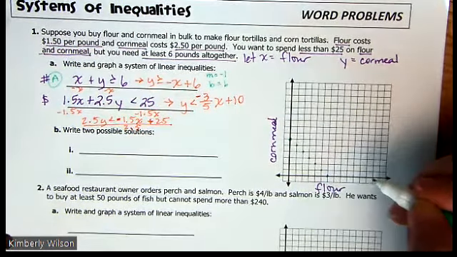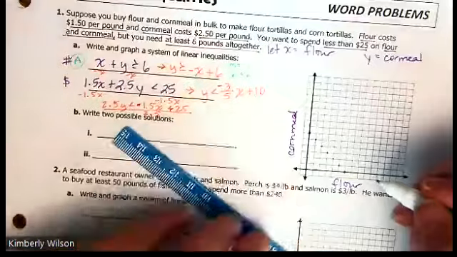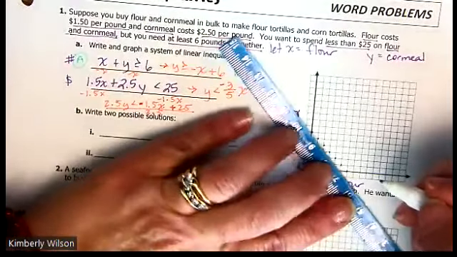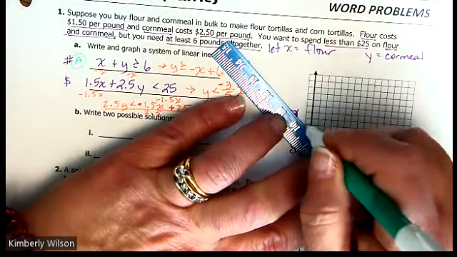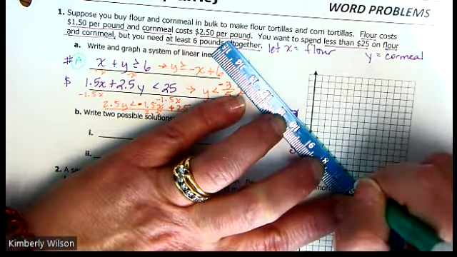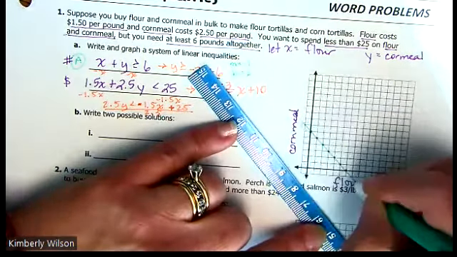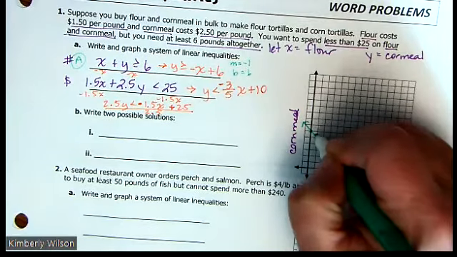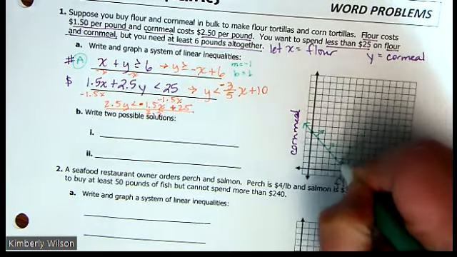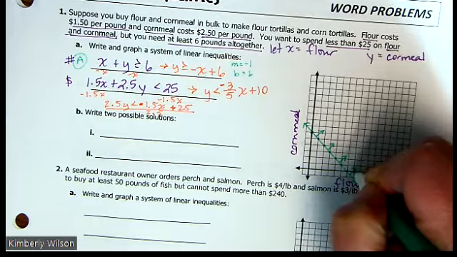Remember, this is equal to, because it has the equal to bar, so now I have a solid line. It says y is greater than, so I'm shading in this direction.